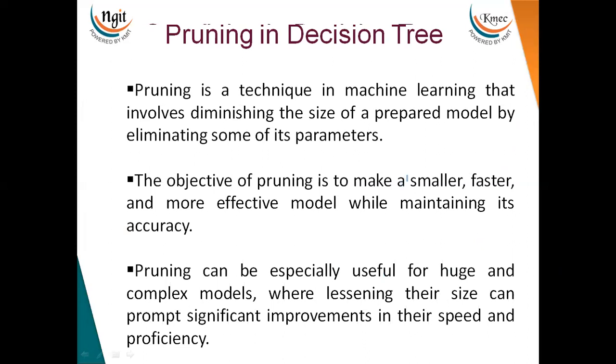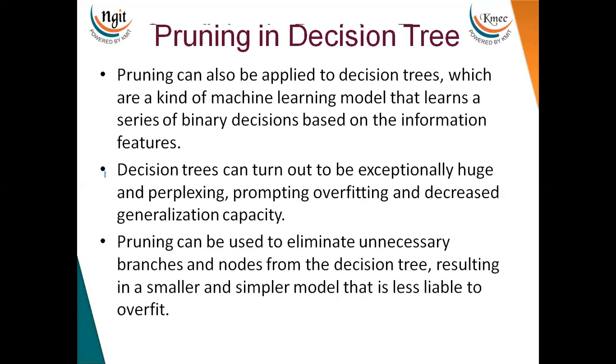As I told you in the previous example, I am developing a tree which contains the holiday spots for each city in India. Then there may be some spots which are not at all visited. Those nodes are not useful to me, so I will simply remove them. That is what is called pruning. So it will improve the speed as well as the efficiency of your decision tree.